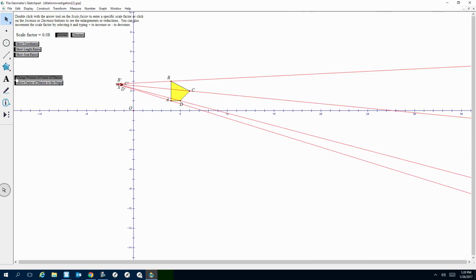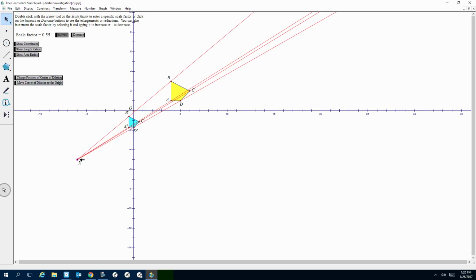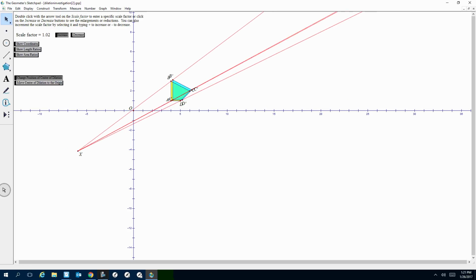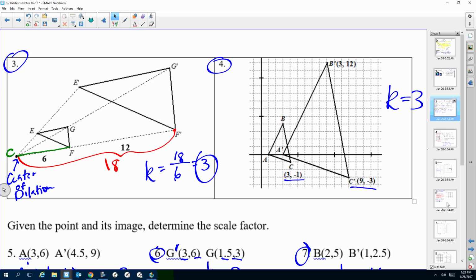So I can move this center, and it doesn't matter where I move it to, those lines will always intersect. So with that being said, here's your first thing.